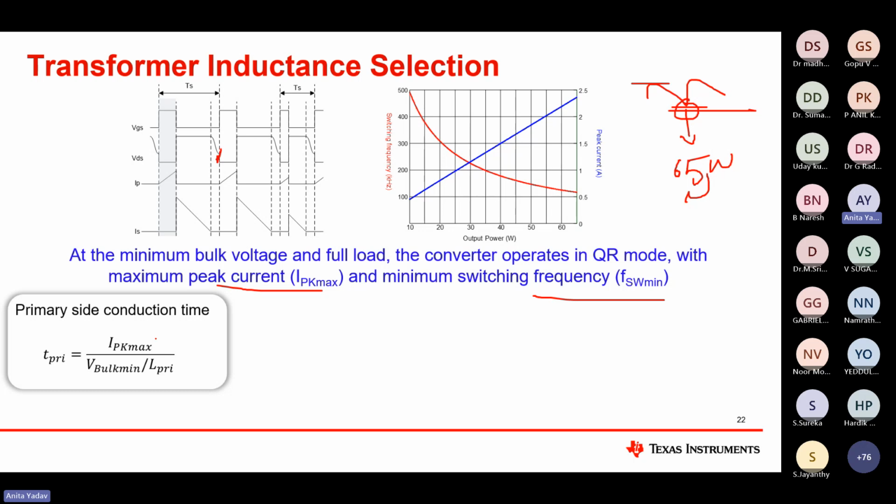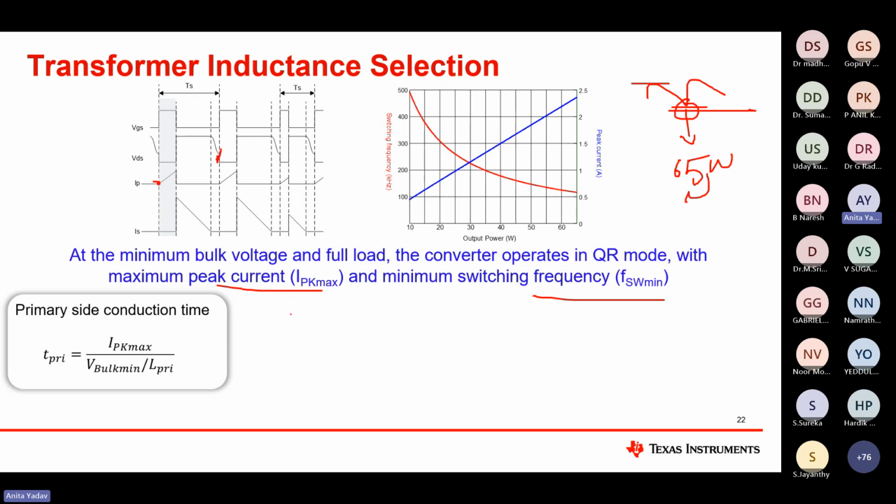With this consideration, first we will simply use for the on time V equals L di by dt. Then from there we will calculate dt. Here I peak max is directly written because current is going all the way from 0 to its max value. So V equals L di by dt, and the voltage appearing during the FET turn on is the input voltage, V bulk min, and you get your primary time.